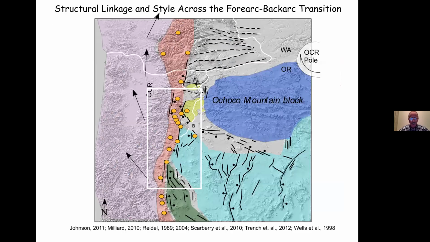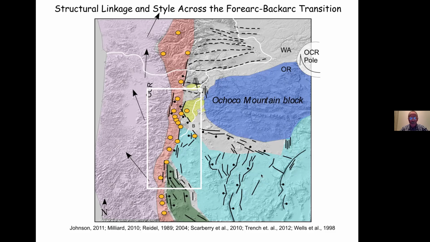So the current paradigm for how North American orogenic deformation works in the North American plate of Cascadia looks something like this. And this is a representation of a model by Ray Wells of the US Geological Survey from the late 1990s, in which the Siletzia block, or the Oregon Coast block, it has many names, is moving in the south northwest, in the north more northerly, and by the time you reach Washington is moving northeasterly.